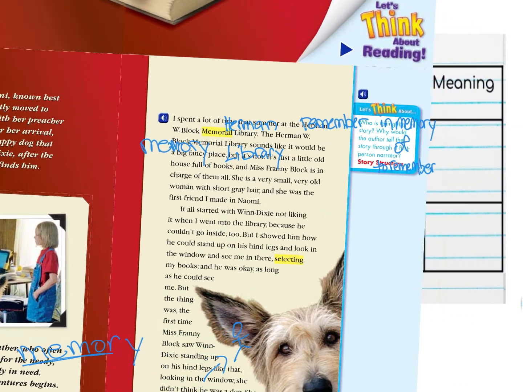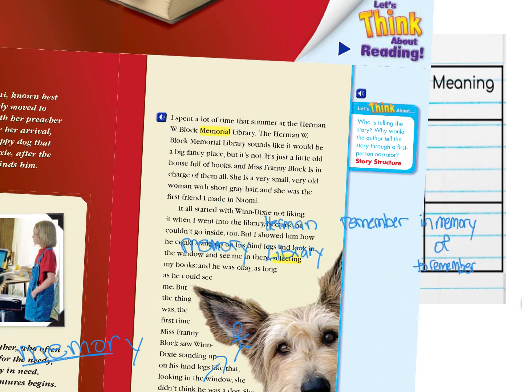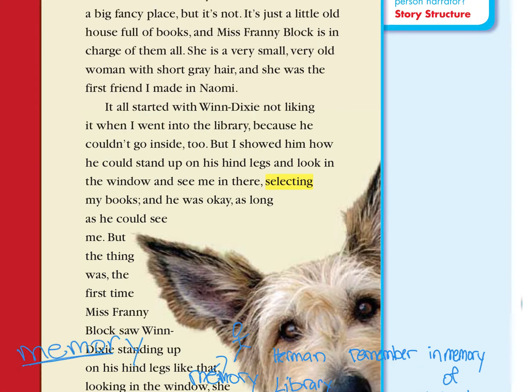I'm noticing it here, highlighted in yellow. Let's read it. It all started with Winn-Dixie not liking it when I went into the library because he couldn't go inside too. But I showed him how he could stand up on his hind legs and look in the window and see me in there, selecting my books. And he was okay as long as he could see me.